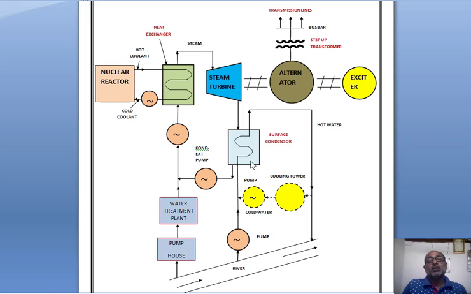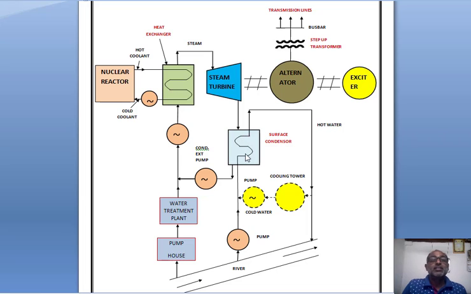Next, we have already seen that cooling water is required in the condenser to convert steam into water. So the cooling water is taken out from the river with the help of this pump, and this cooling water passes through the tubes of the condenser.